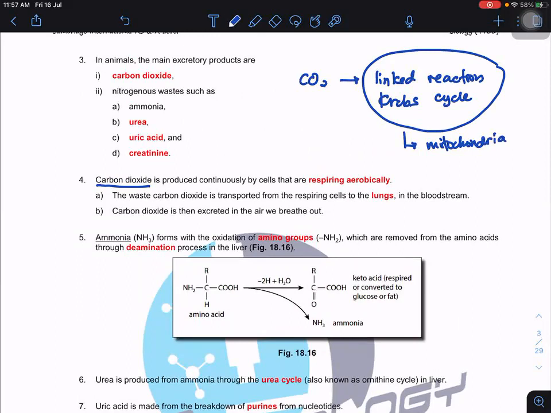Are you clear? When the pyruvate enters the mitochondria, it must be aerobic respiration. So CO2 is only produced during aerobic respiration in mammals, and also anaerobic respiration in yeast cells. So be careful when you write. It's not just anaerobic or normal respiration, it's aerobic respiration. Then it reaches the lung and we can excrete it out.